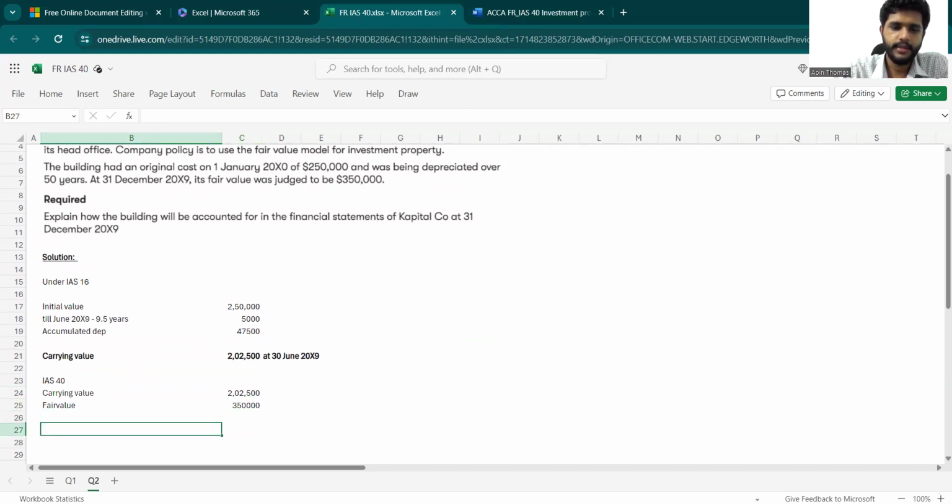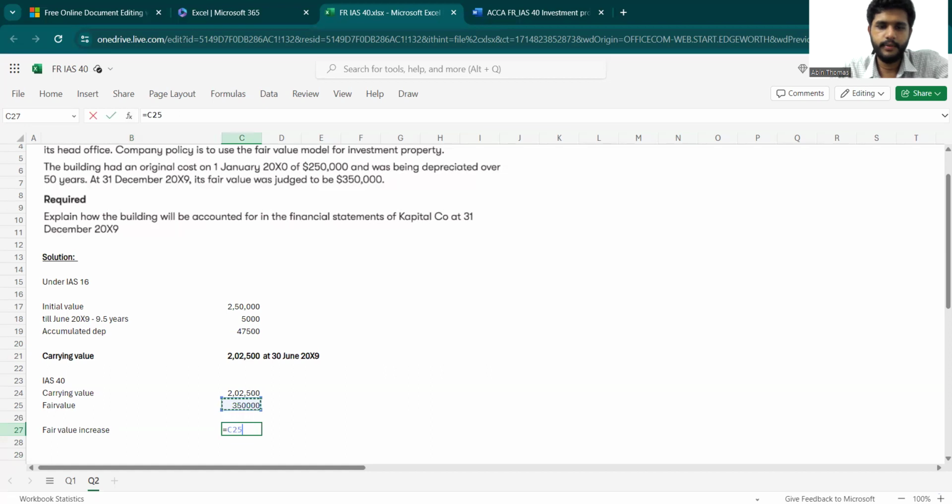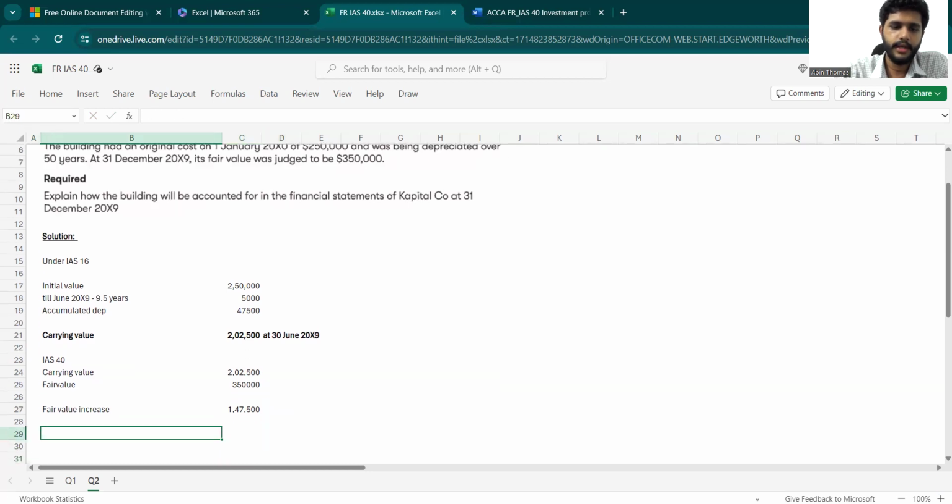There is a revaluation, a fair value increase. How much will be the increase? It will be 350,000 minus 202,500. So 147,500 will be the fair value increase. How can we account for the journal entry?